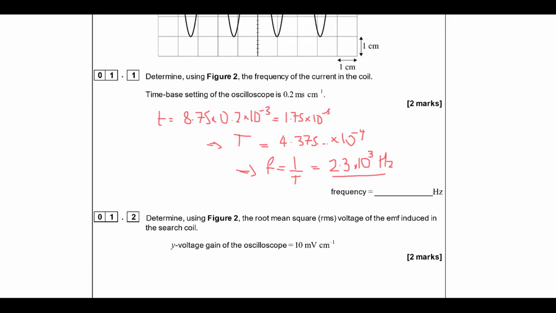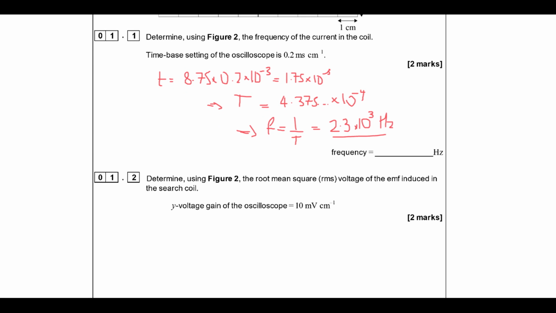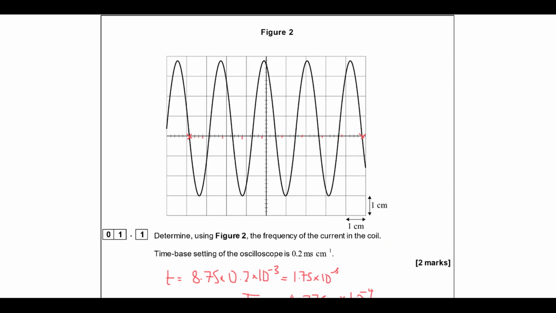Okay, so then using figure 2, determine the root mean square voltage of the EMF induced in the search coil, our Y gain being 10 millivolts. So what I'm going to do is measure the peak to peak. So we can see the peak's here, and the other peak is here. So 1 square, 2 squares, 3, 4, 5, 6.